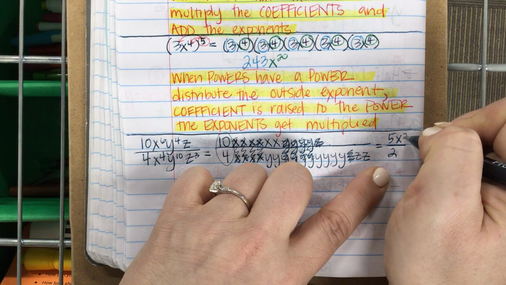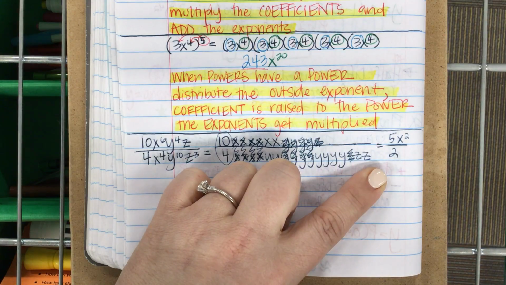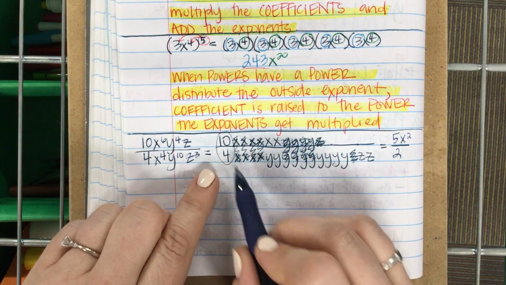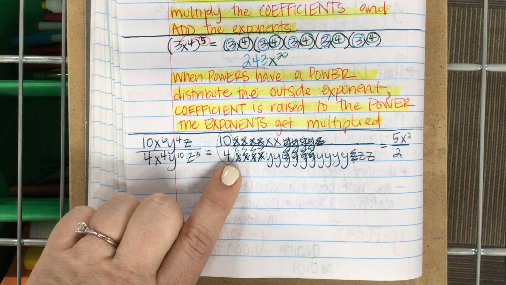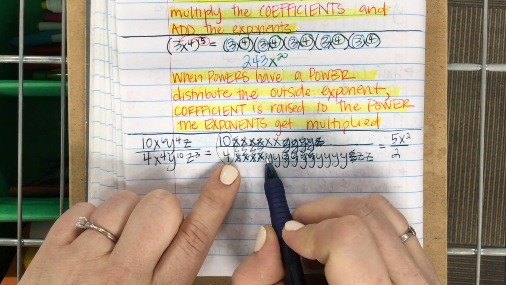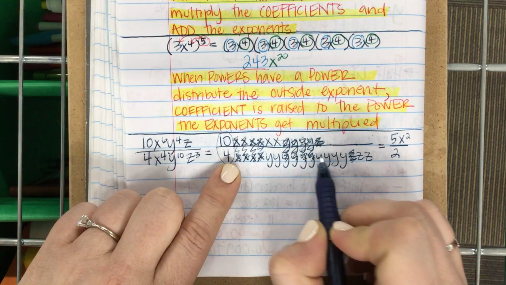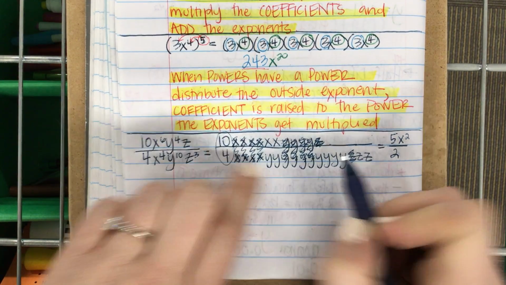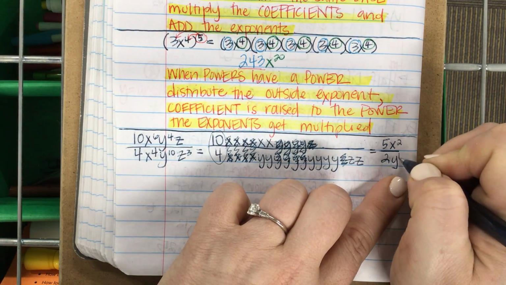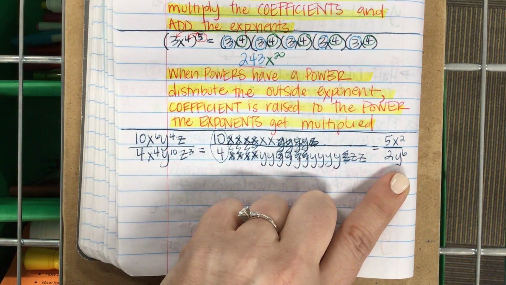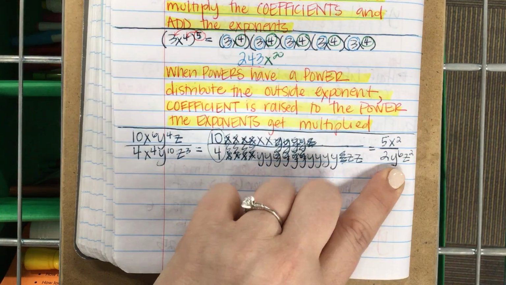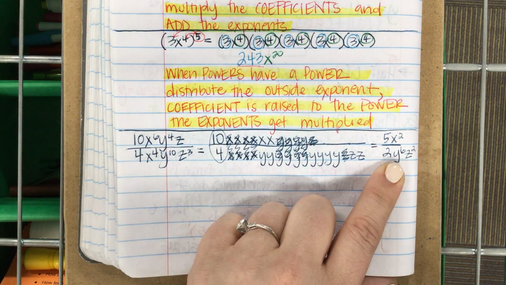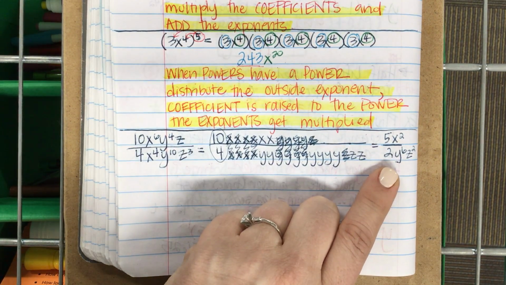X squared. What's left in my denominator? 6 y's. 1, 2, 3, 4, 5, 6. So y to the 6th. Anything else? Z to the second. And z squared. And that's my answer.